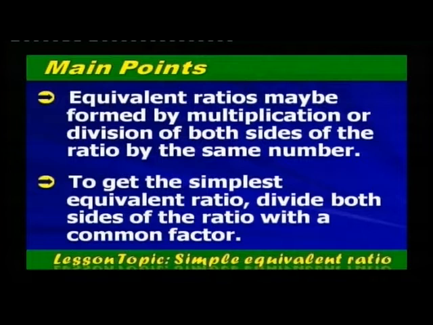Okay, thank you, Onea. To get the simplest equivalent ratio, you are to divide both sides of the ratio with a common factor or a same number. Now, we're going to look at an example of each of these two: how to get an equivalent ratio and how to get the simplest equivalent ratio.